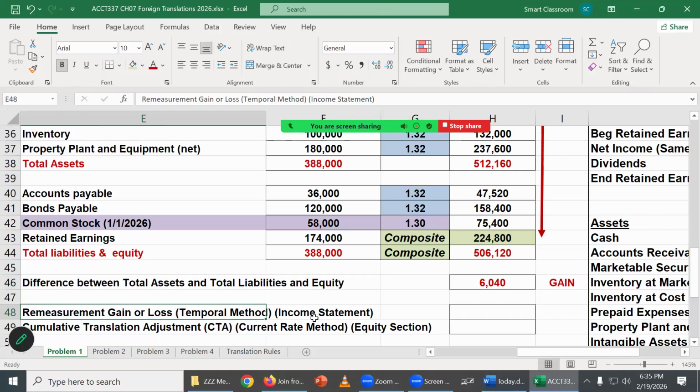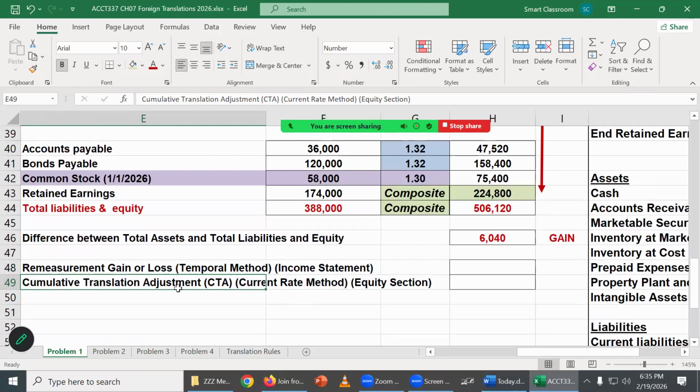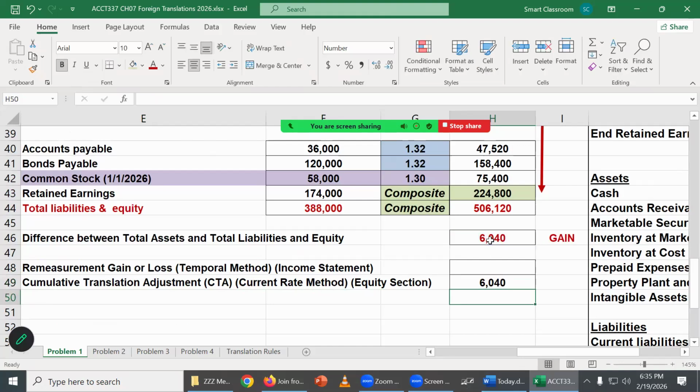Well, if it's the temporal method, it goes through the income statement. We're not in the temporal method, we're in the current rate method. So this is actually going to go into the equity section.